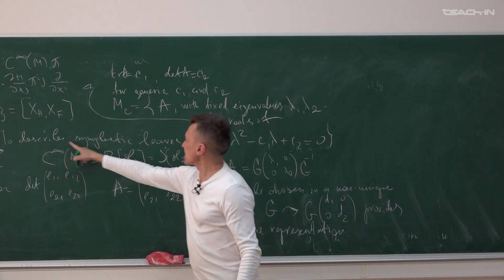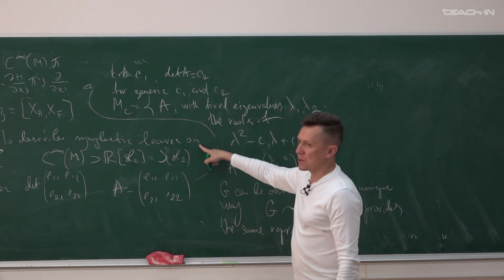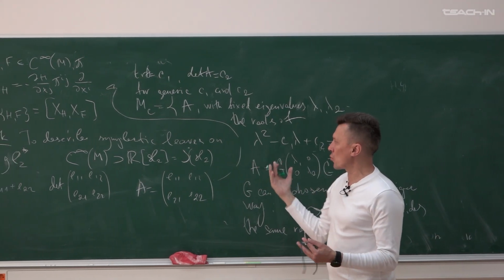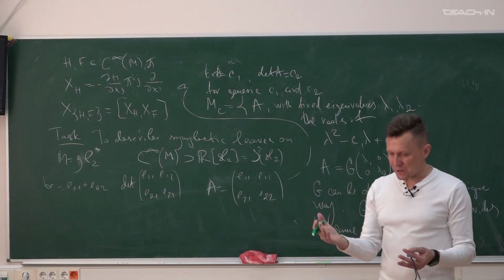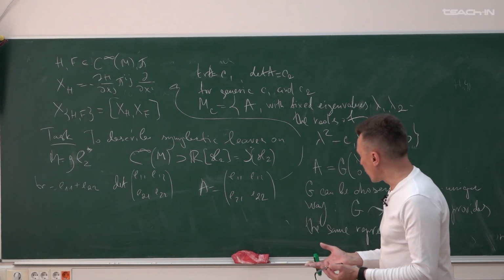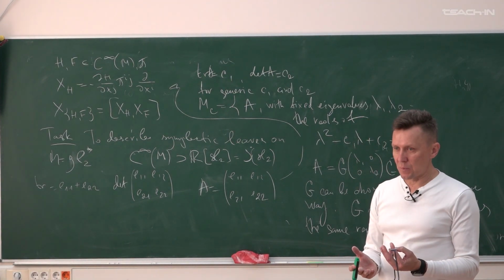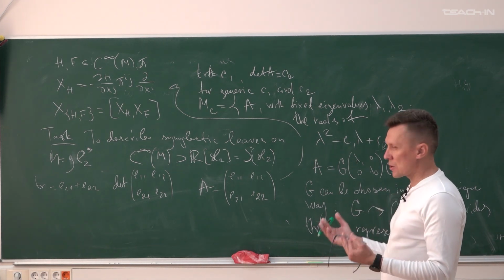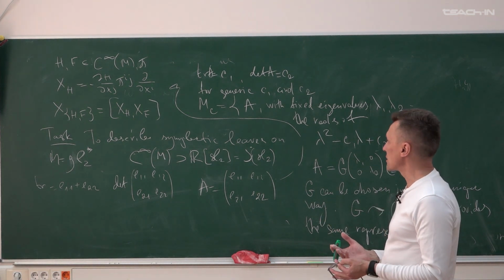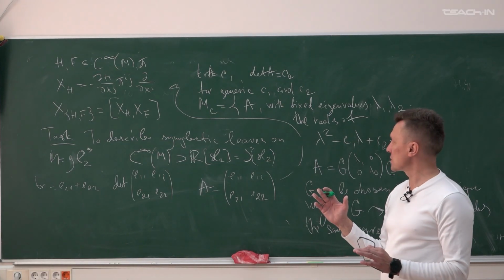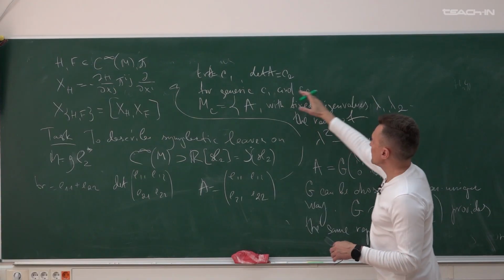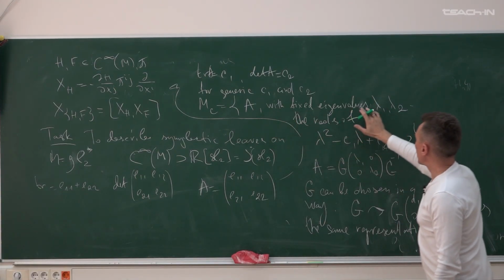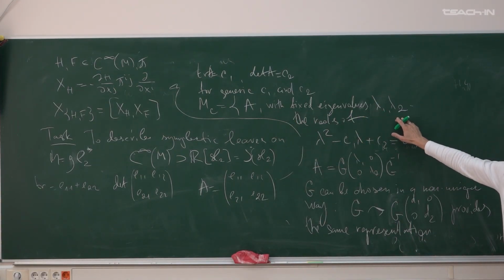So our task is to describe symplectic leaves, to introduce some good coordinates on the symplectic leaves. You see, we should understand how the symplectic form is organized on this submanifold. We know that the subvariety is a set of matrices with fixed eigenvalues.